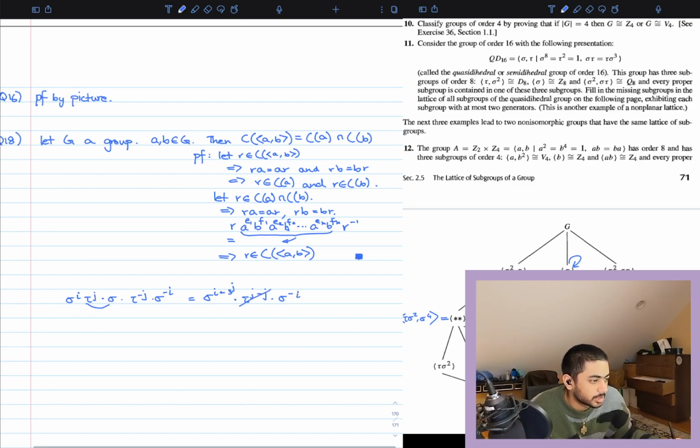So this cancels, and we're left with sigma to the i plus 3 to the j times sigma to the negative i. So in total, we've got just sigma to the 3 to the j.